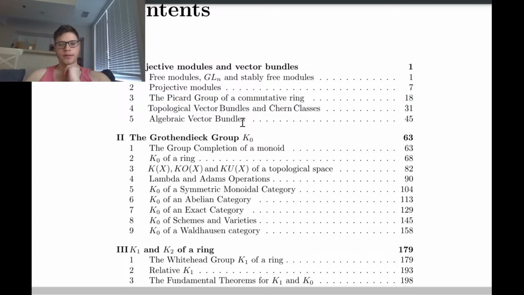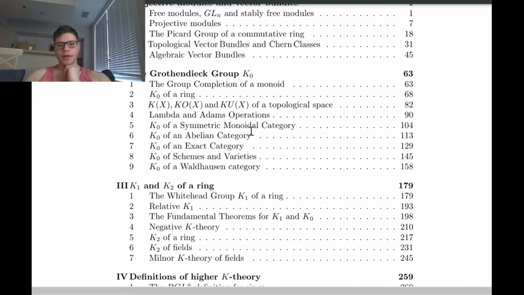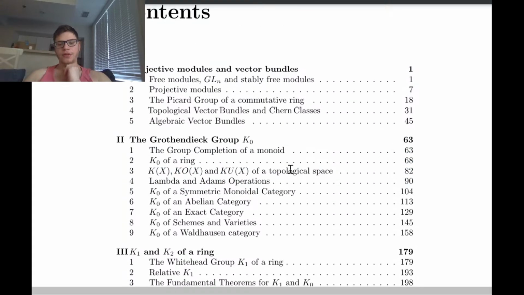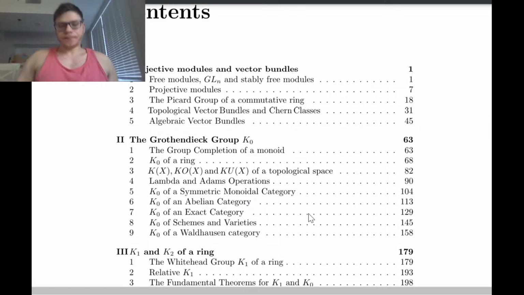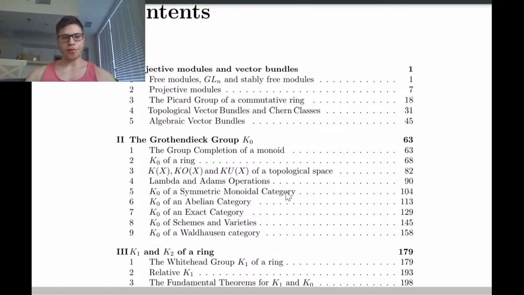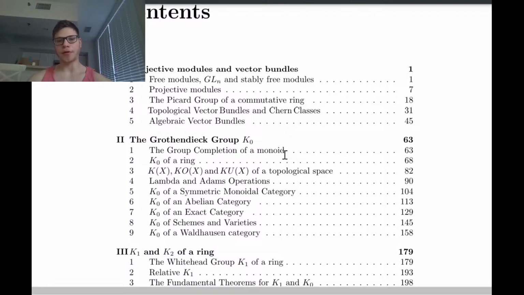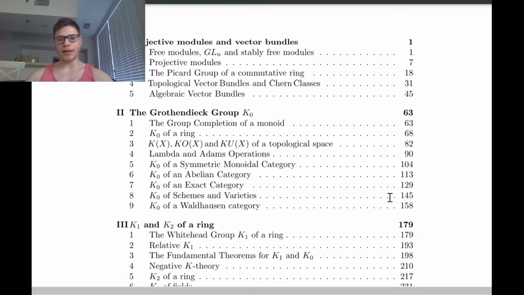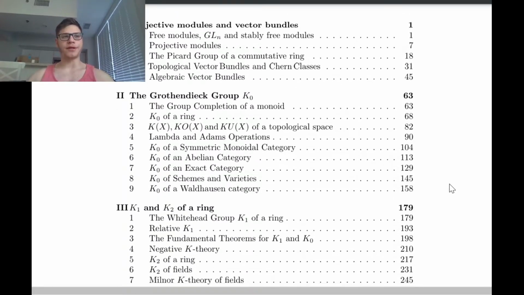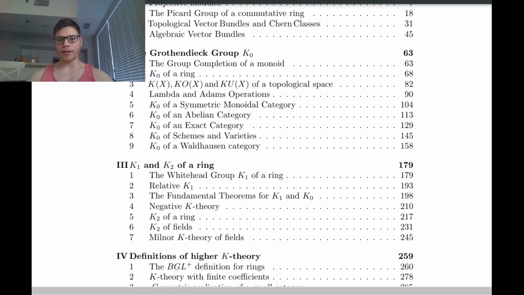Next time I'm going to try and get through all of these, get to do K0 at least up to here, and then I'm going to try and read about how K0 interacts with field patching, because my project that I'm doing right now, I want to figure out how K-theory interacts with this patching over fields. So I need to first understand K-theory, and then I need to understand patching. So that's what I'm going to do next after I understand K0 at least, and then need to try and see if I can show it for K1 as well, which might be a little bit harder.